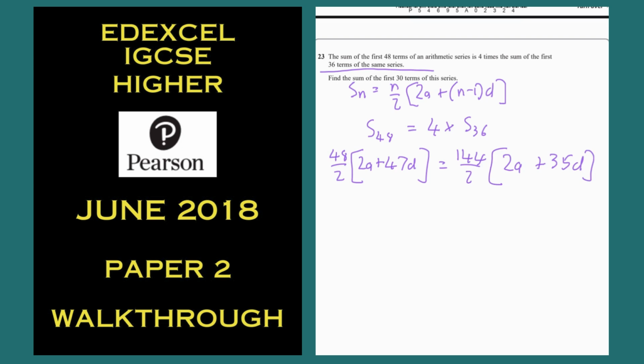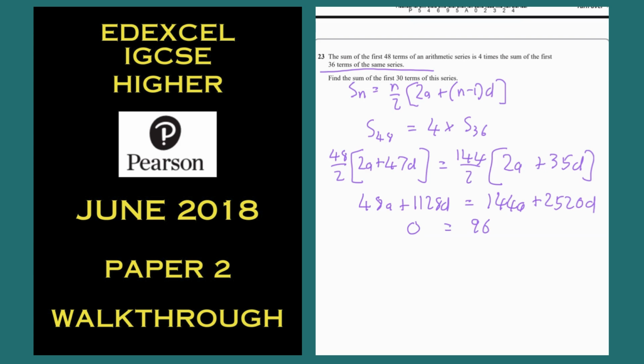Now, it looks like it's absolute gibberish. It's not, trust me. If we expand these brackets, because these cancel, and then you times the brackets out, it all looks a lot more friendly. 48a plus 1128d equals 144a plus 2520d. Let's make it equal to 0.